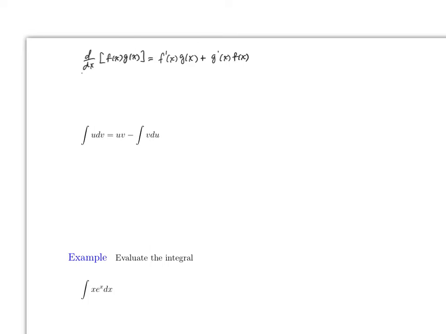Now, remember that the integral is nothing more than the antiderivative.